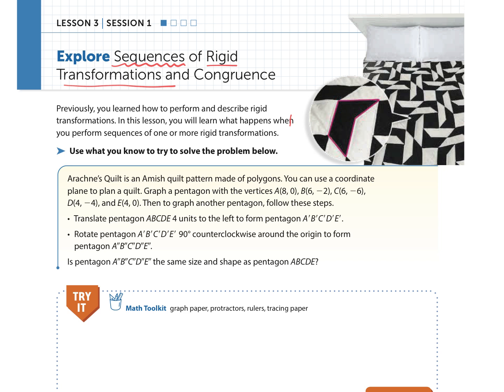We've got this quilt. They want us to graph a pentagon with these vertices. And then we're going to graph another pentagon following these steps. So first, we're going to translate 4 units to the left. And then we're going to rotate 90 degrees counterclockwise around the origin.